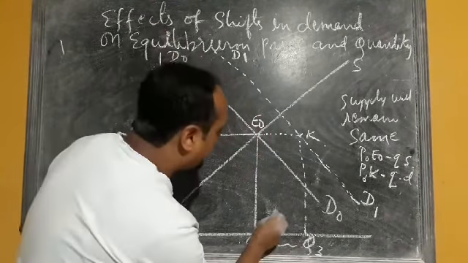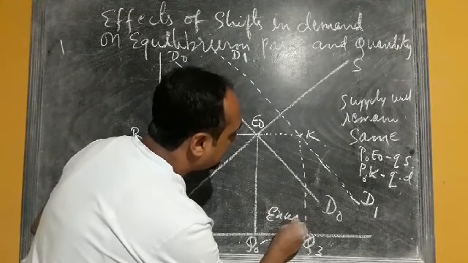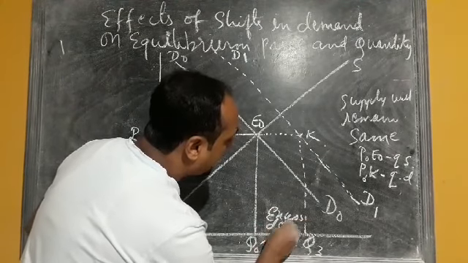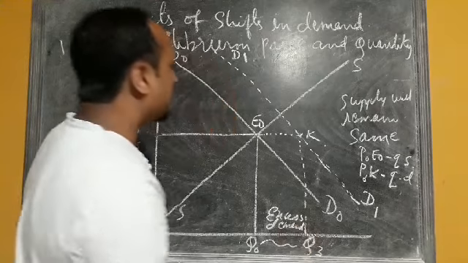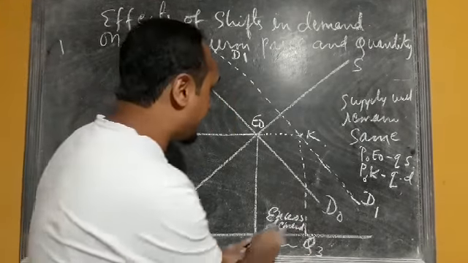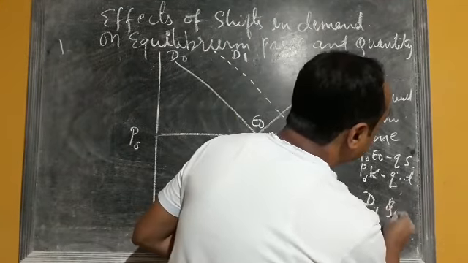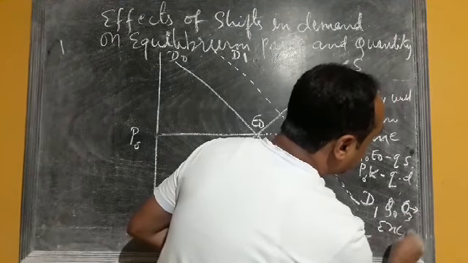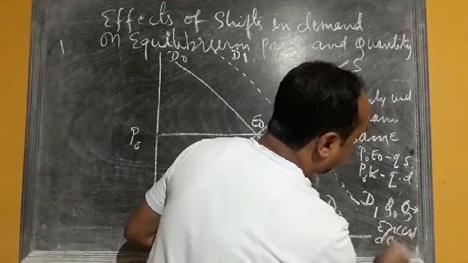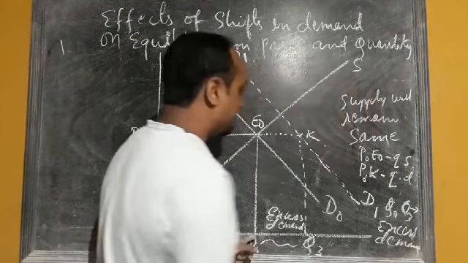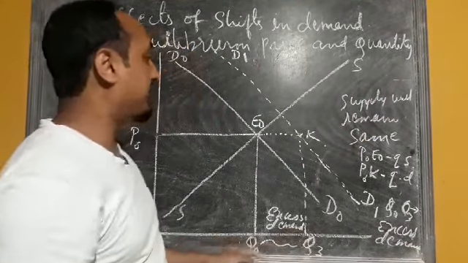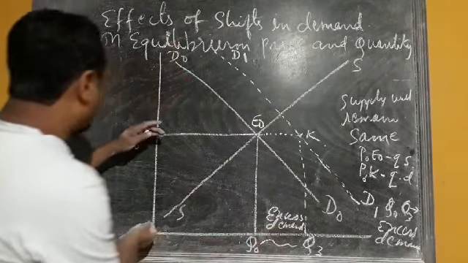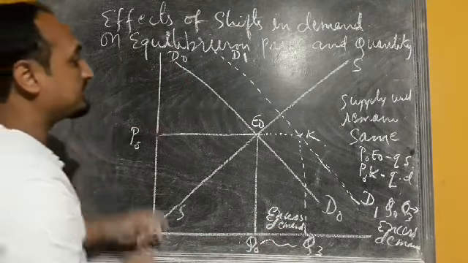The situation of excess demand. By how much amount? Q0Q3. Q0Q3 is the excess demand arising at the initial equilibrium price OP0.